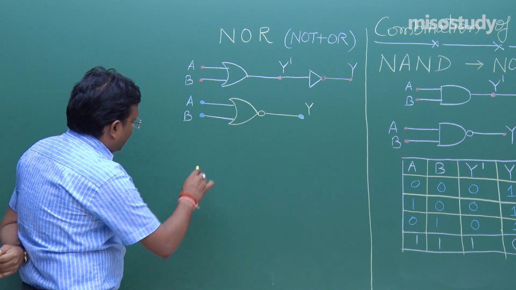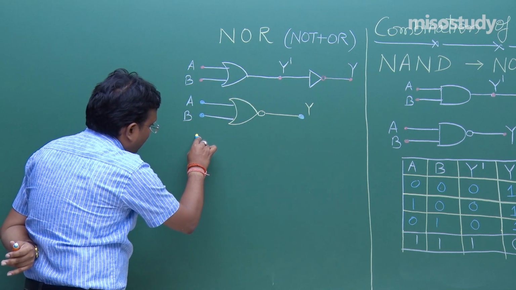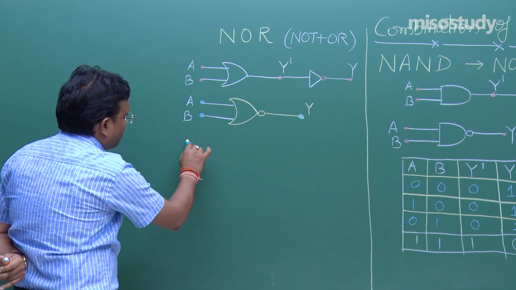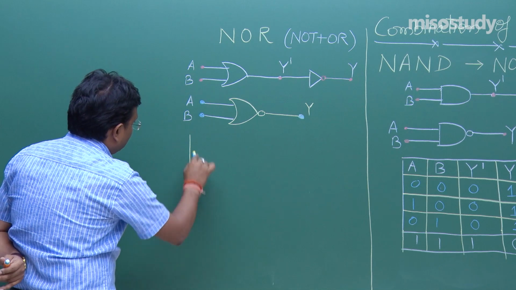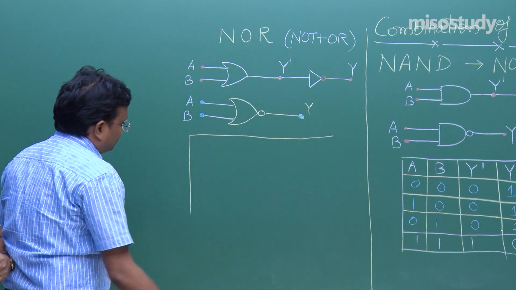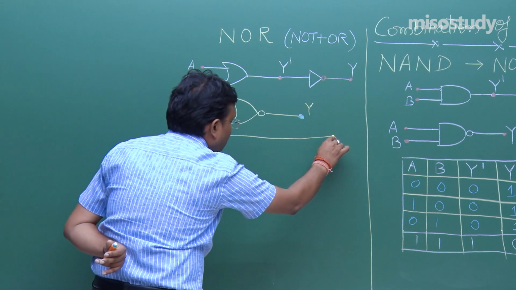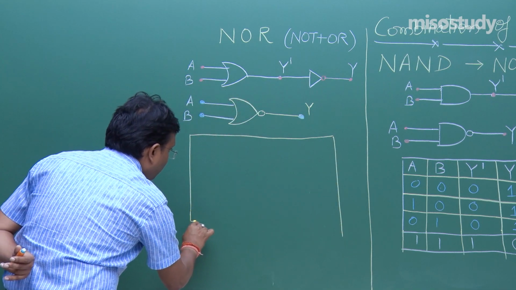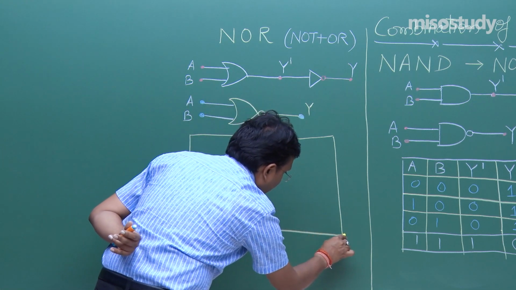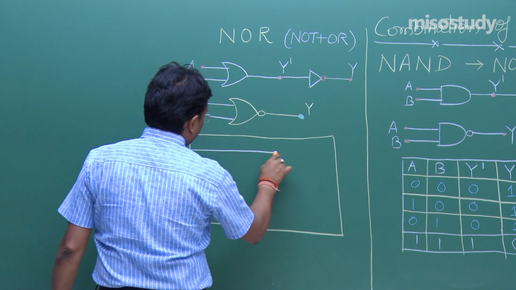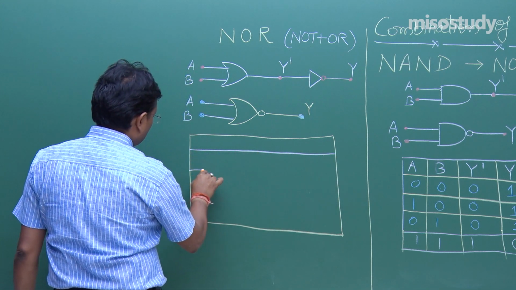Now once again I need a table. Fine. So for this table, yes, once again I think I should draw the table in totality, all the inputs and outputs in one table.